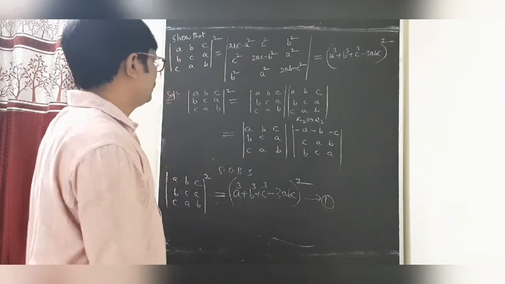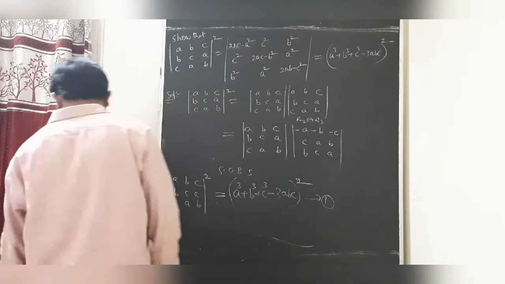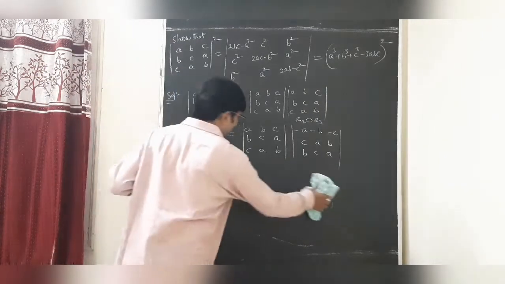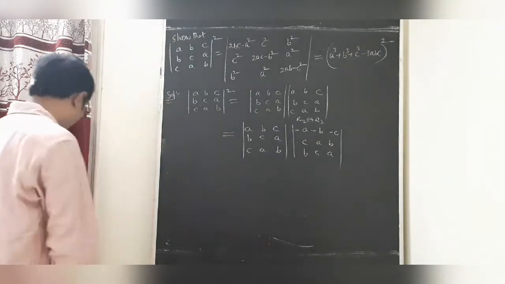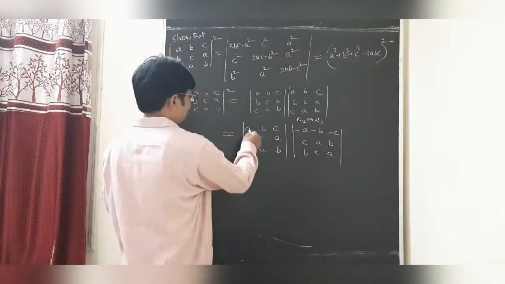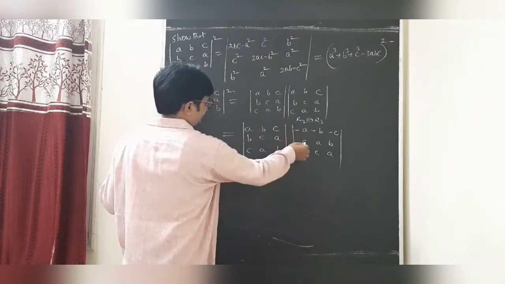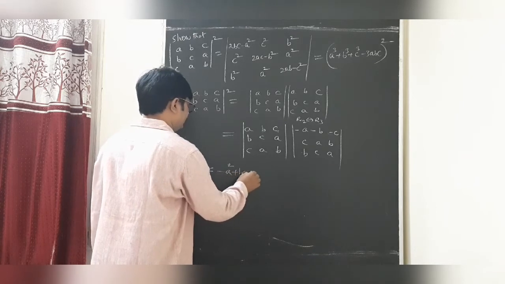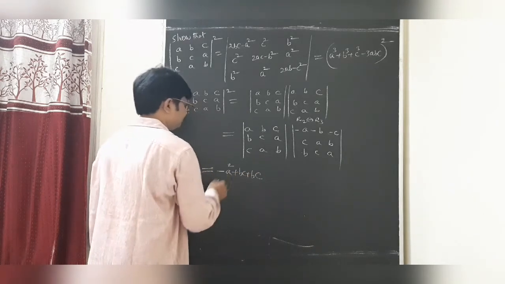So dear students, now the multiplication. How to write the multiplication? The first row is multiplied with the first column: minus A square plus BC, minus A square plus BC.